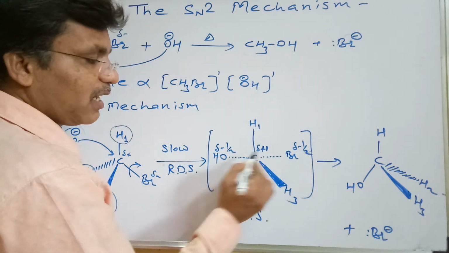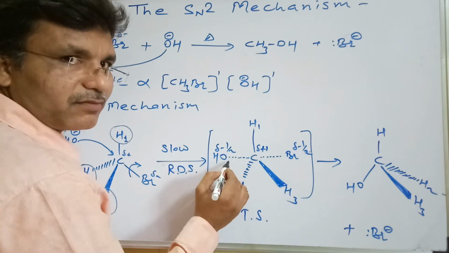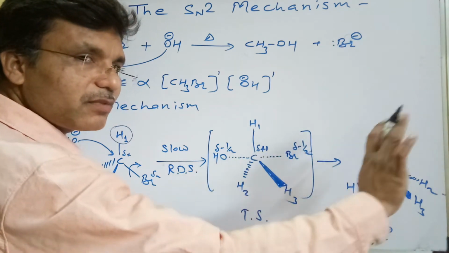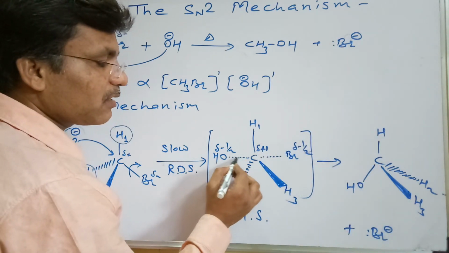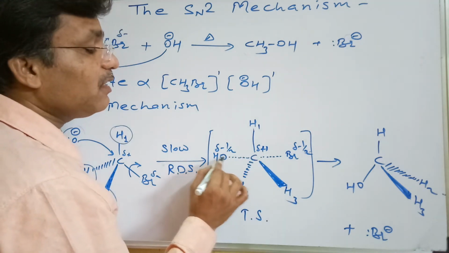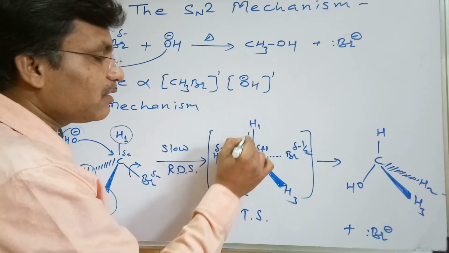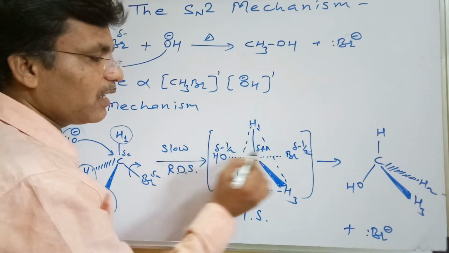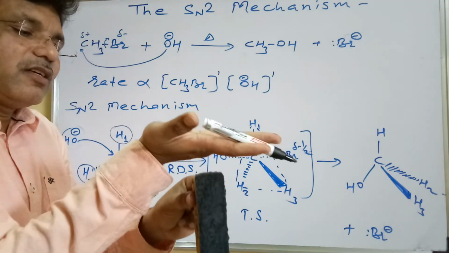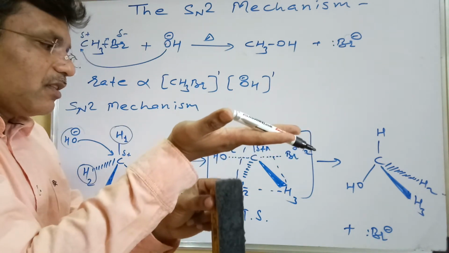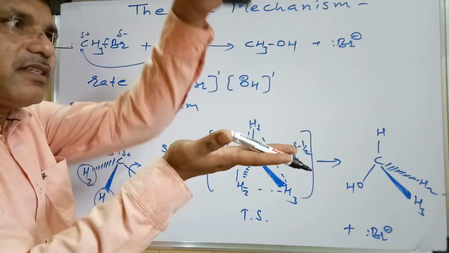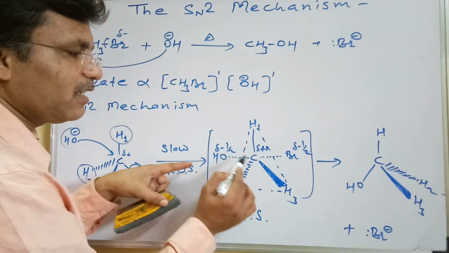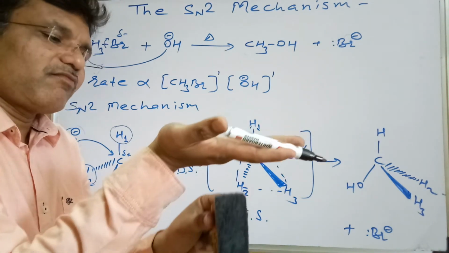This OH and this Br form partial covalent bonds, because as soon as the OH comes closer to the carbon, the Br goes away from the carbon. These are present perpendicular to this plane. It is a planar geometry, and the OH and Br are perpendicular to it. Suppose this is a plane, then the OH is present below and the Br above. The angle between the plane and the OH is 90 degrees, and between the plane and the Br is also 90 degrees.